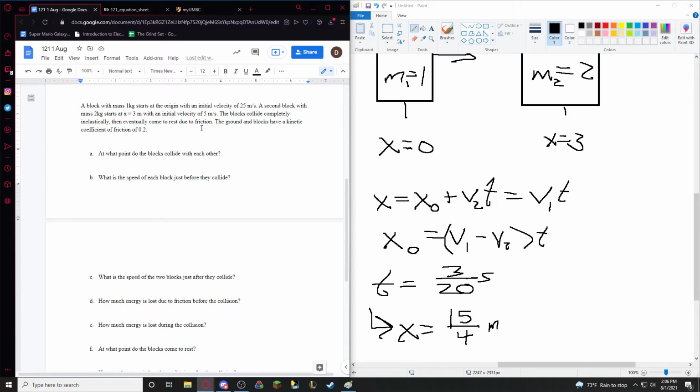Are the blocks going to have different velocities after the collision, or the same velocity? They should have the same velocity since the momentum of the system remains the same.